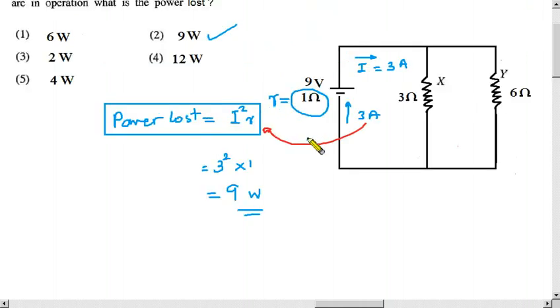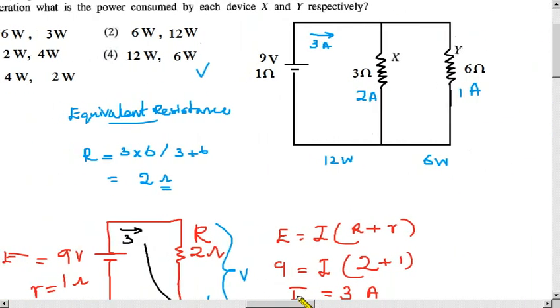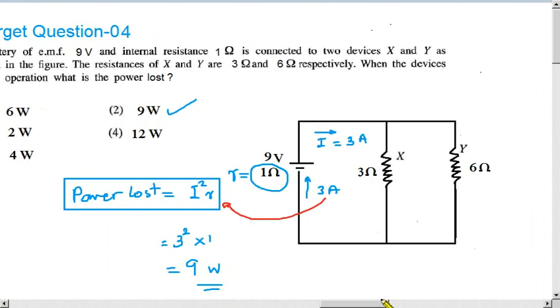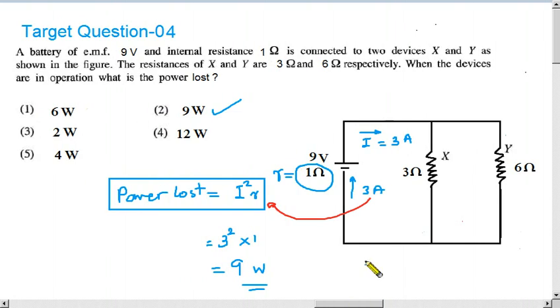So now that is enough. I don't have to show how this 3 ampere is received as previously. We have done all these things in previous problems, the same values. Therefore I can conclude the question now. So let us go to the next one.